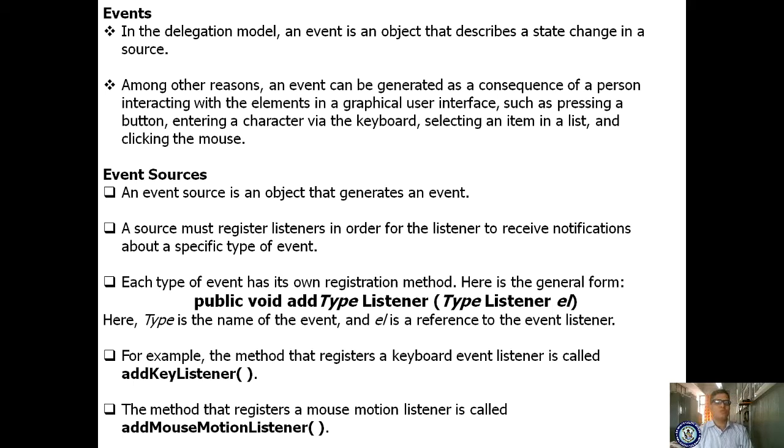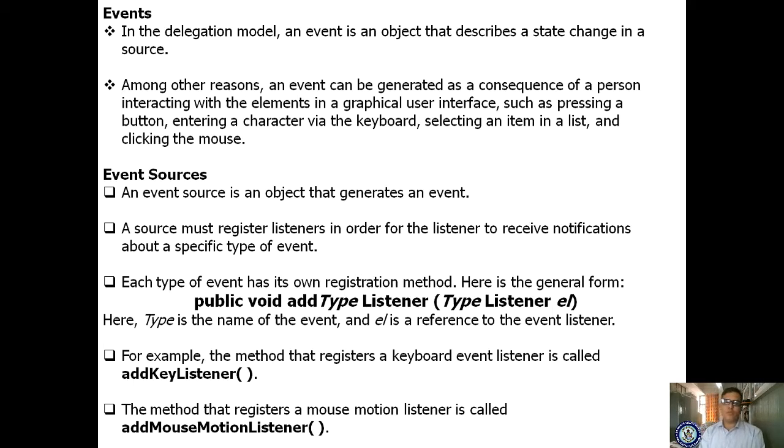A source must register listeners in order for the listeners to receive notifications about a specific type of event. Why does the source have to register the listeners? If the listeners have not registered, it gets confused about which kind of listener has to handle the event.